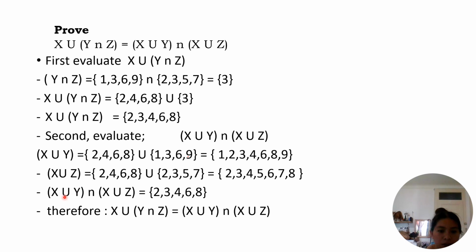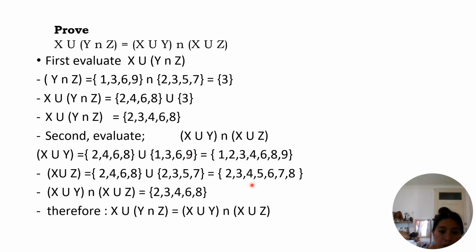And then let's also evaluate the union of X and Z, which we'll do with the same process as what we did here. We'll copy all the elements that they have, and if they have common elements, then we'll just write one. So we have this. And then after that, we will evaluate their intersection.